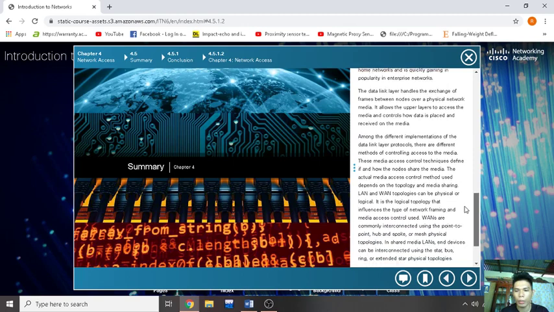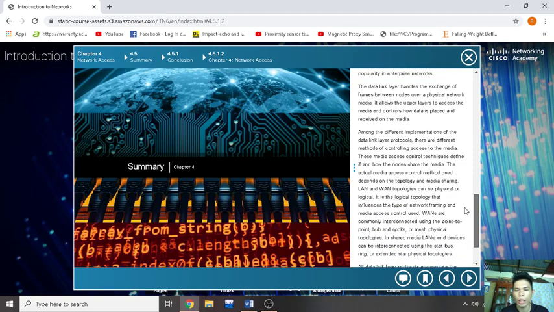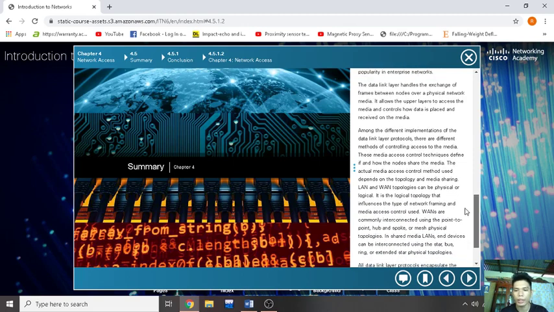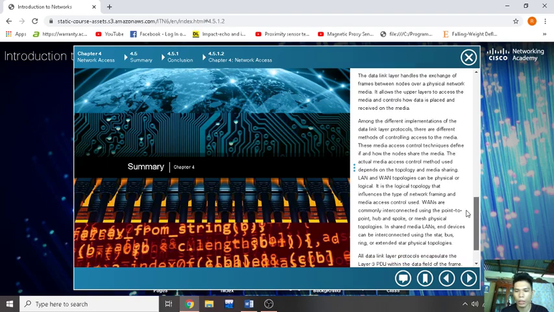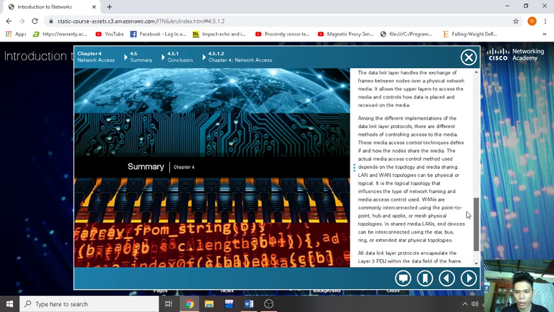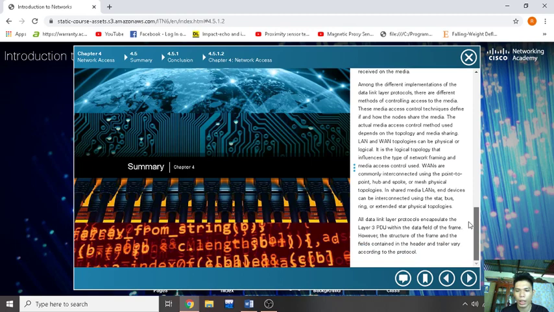Among the different implementations of the data link layer, there are different methods of controlling access to the media. So we have LAN and WAN, physical and logical topologies, and all the data link layer protocols encapsulate the layer 3 PDU within the data field of the frame.